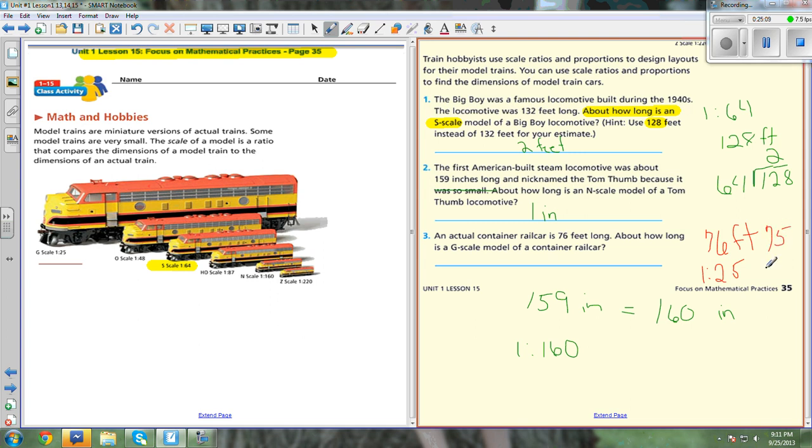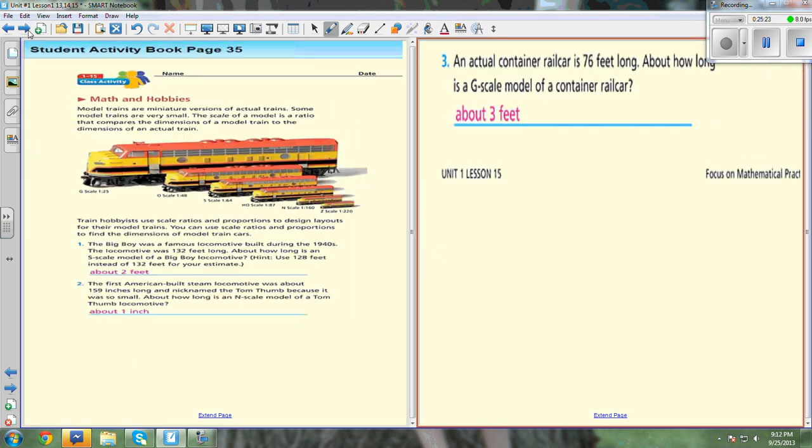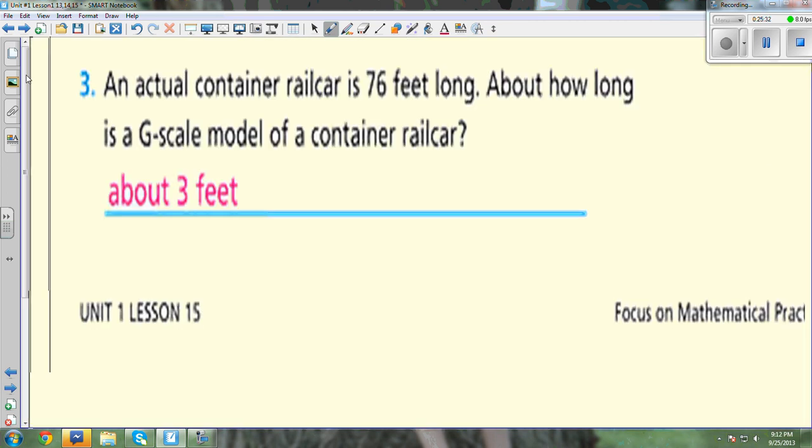And 25 does go into 75 3 times, so it would be about 3 feet. All right. You can see about 2 feet, about 1 inch. And number 3 is about 3 feet. Let me go full screen here. Okay. Oops, sorry about that.